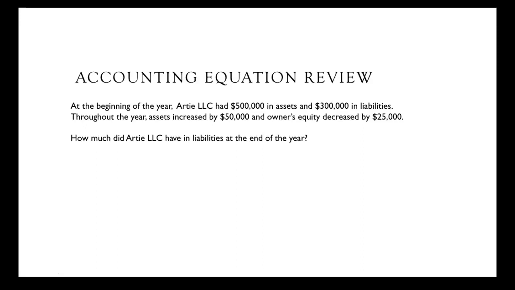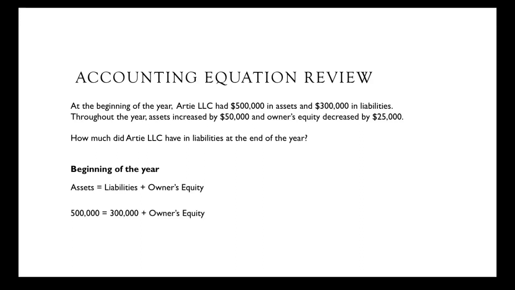So, the first step is to figure out our accounting equation for the beginning of the year. So again, our accounting equation is assets equals liabilities plus owner's equity. And we're told that at the beginning of the year, RD LLC had $500,000 in assets and $300,000 in liabilities.